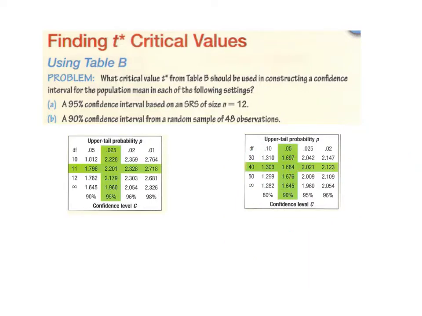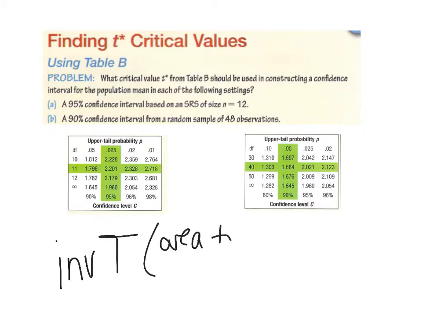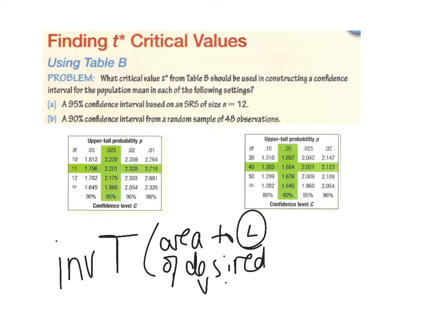So when you're using technology, you're going to use inverse T. Okay, and then you're going to give the area to the left of your desired critical value. So we'll walk through an example of this in just a second. And then the next one would be your degrees of freedom, and that's it.